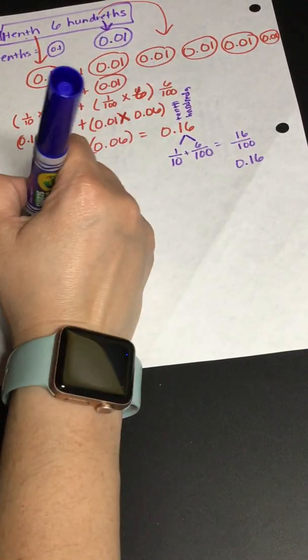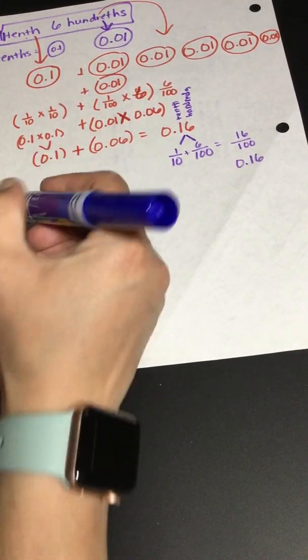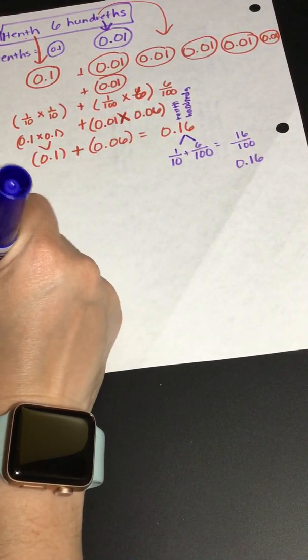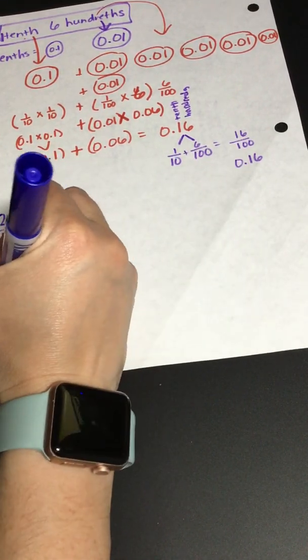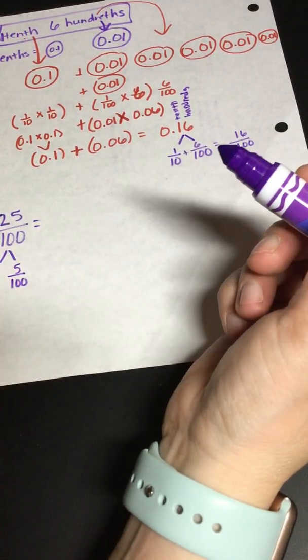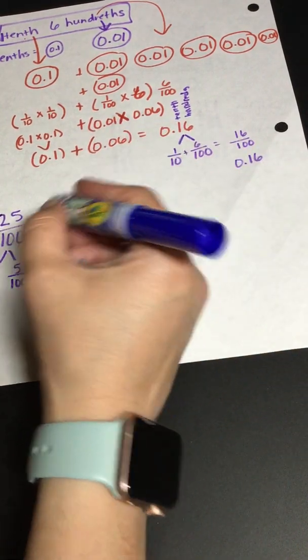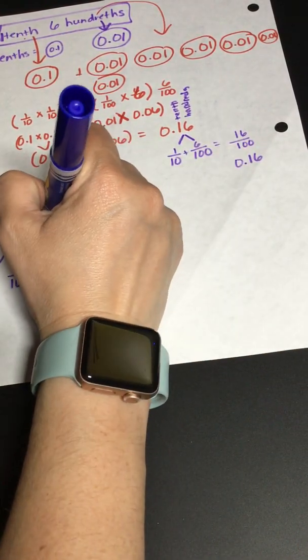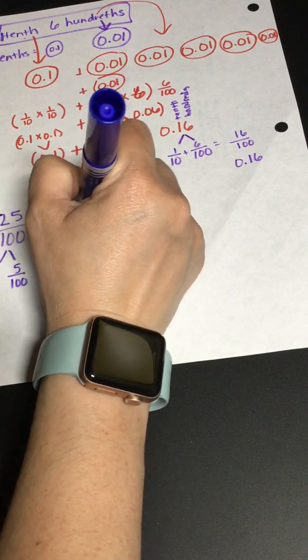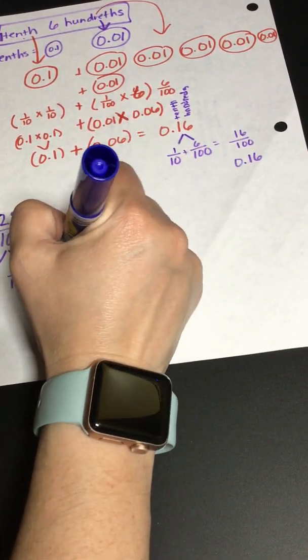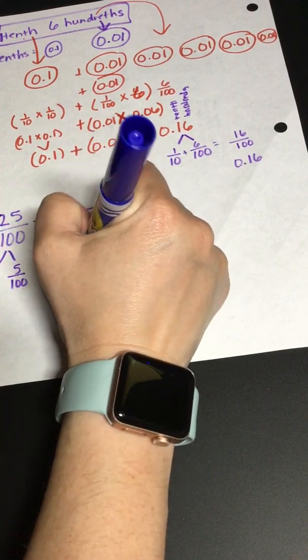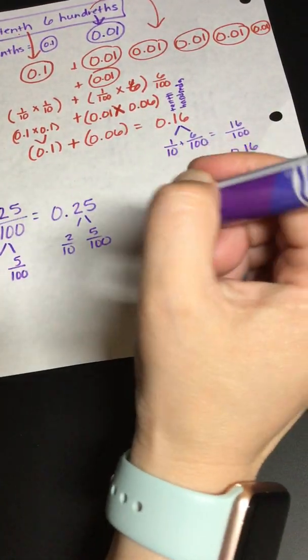I already know that I've got 2/10 and 5/100, if I really break that down. Or I could also write this as 0.25 and then break it down again, 2/10, 5/100.